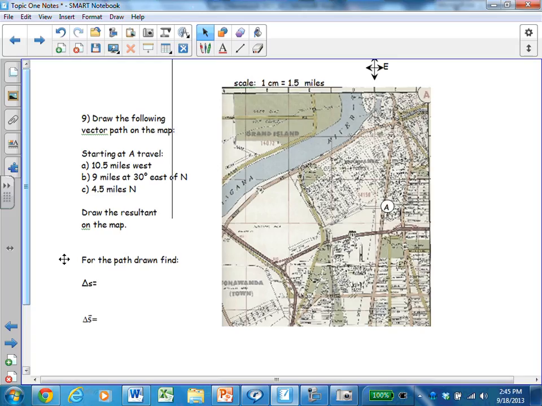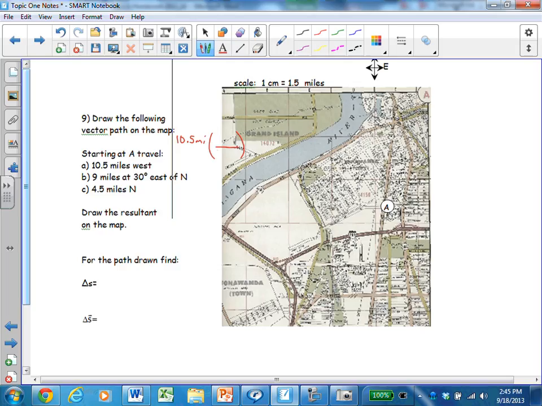Okay. Now, the first thing you do with these is you have to convert 10.5 miles to centimeters so that we can put it on here. And 10.5 miles, well, it's just like a fancy version of 1, like we did with the unit conversions.